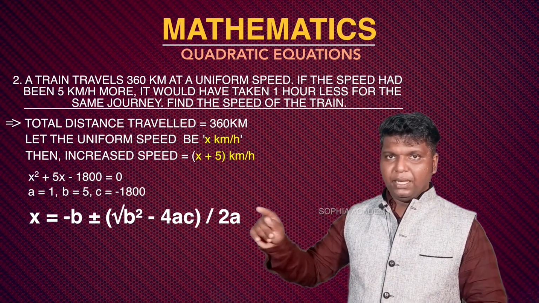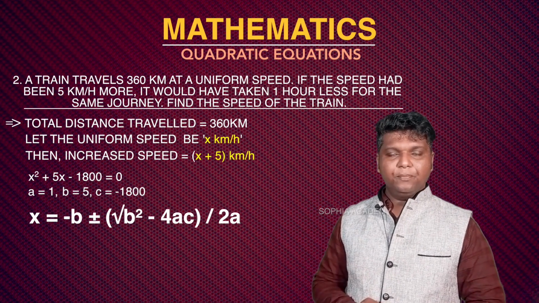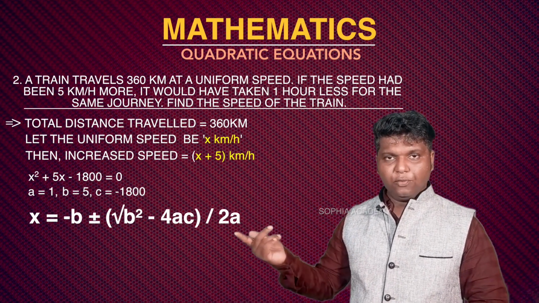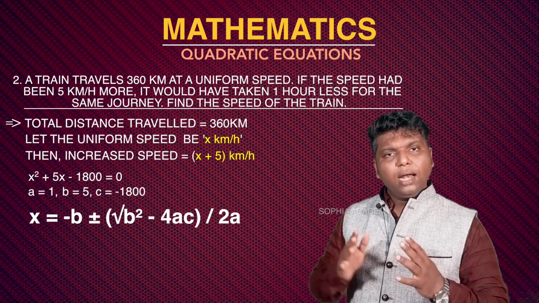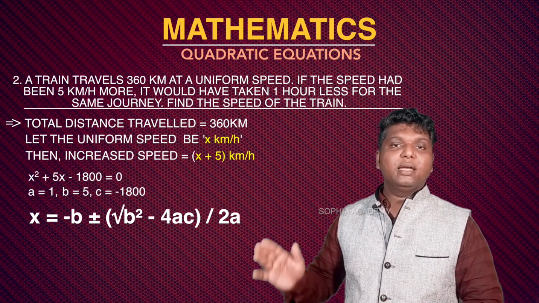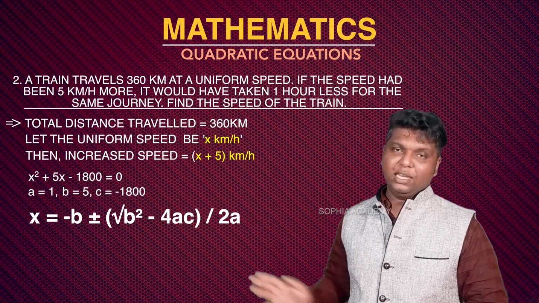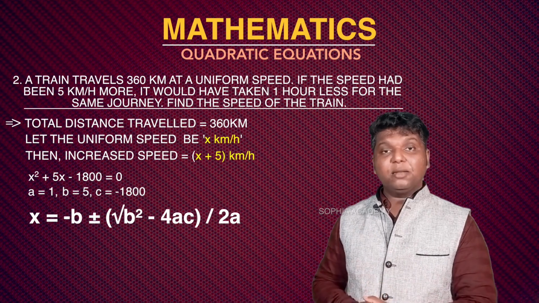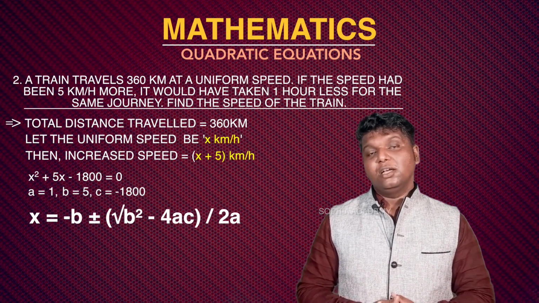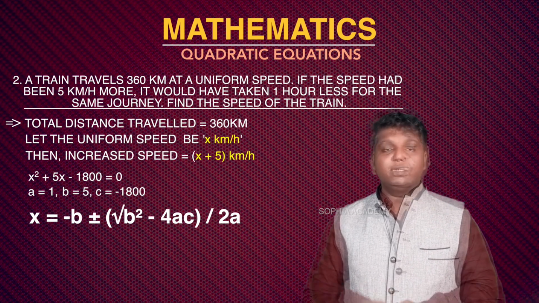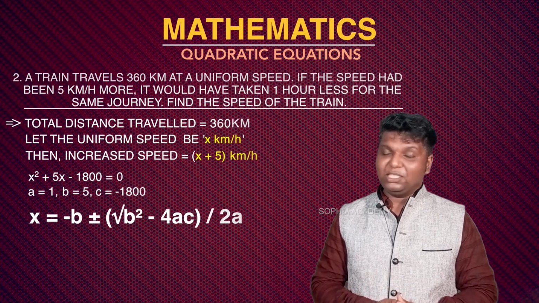Instead of b, substitute the value of b here. Instead of a, substitute the value of a here and simplify, and you will get the same answers, 40 and minus 45. So that is also an easier method. You can go for it also. Just try it for yourself and you can find it much easier.